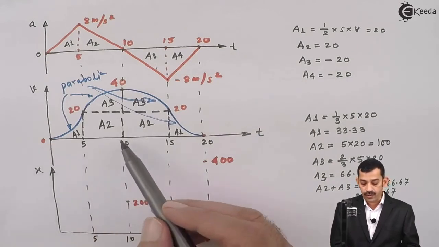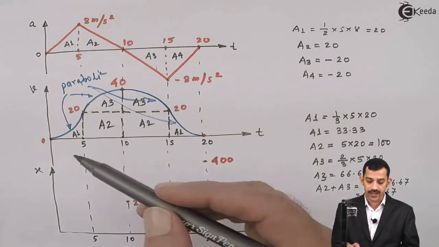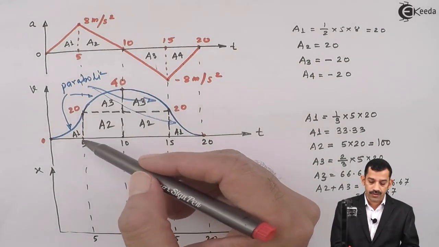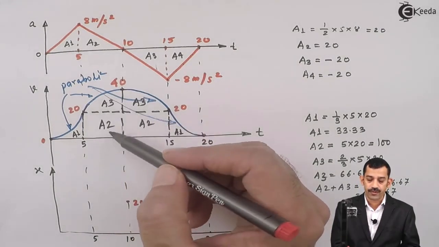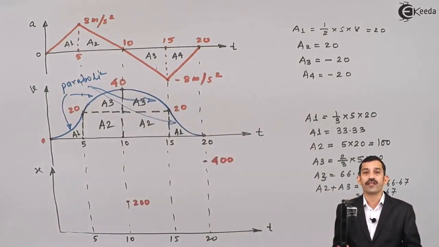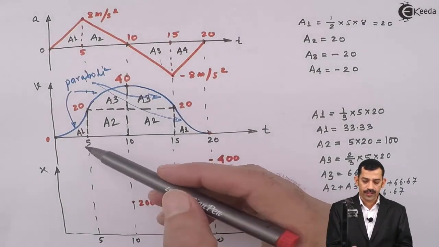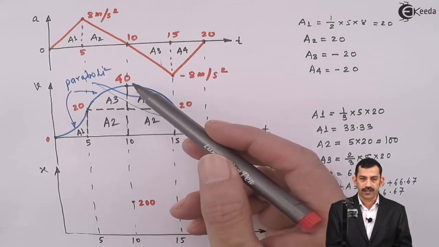That means from 0 to 10 seconds, the nature of the XT diagram will remain the same. Therefore, the nature of the XT diagram should be such that from 0 to 10 seconds the velocity of the particle increases.